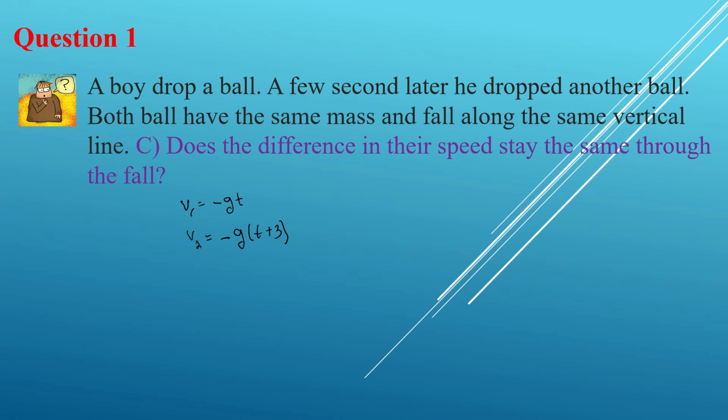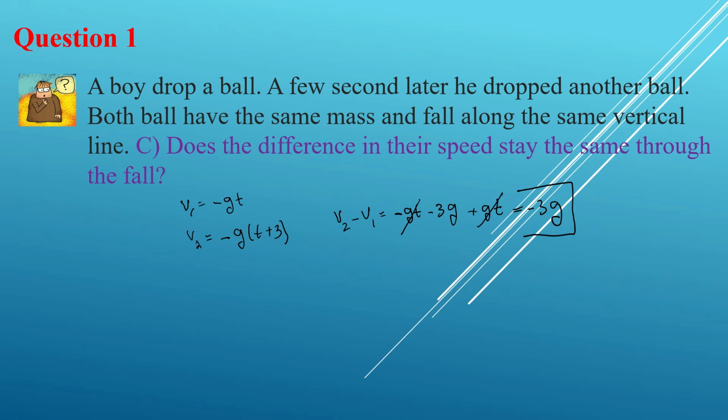So the difference between speed means v2 minus v1, correct? So I'm going to subtract them. My v2 is minus gt minus 3g, right, plus gt. These two cancel out, and then the answer is gonna be minus 3g, correct?